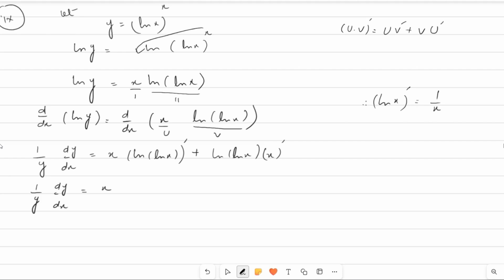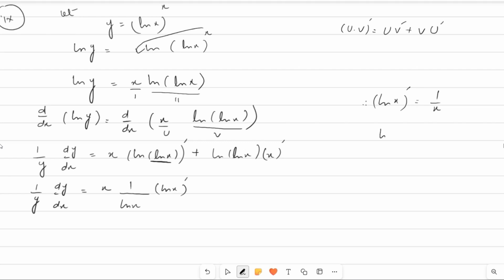The derivative of ln is 1 upon, and here is the function of ln, so ln x, and afterwards whatever is in the denominator we have to take the derivative of it, so the ln x derivative.